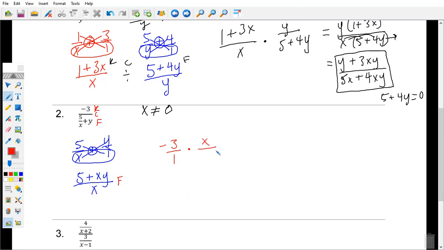So we have x over 5 plus xy. So we have negative 3x over 5 plus xy.